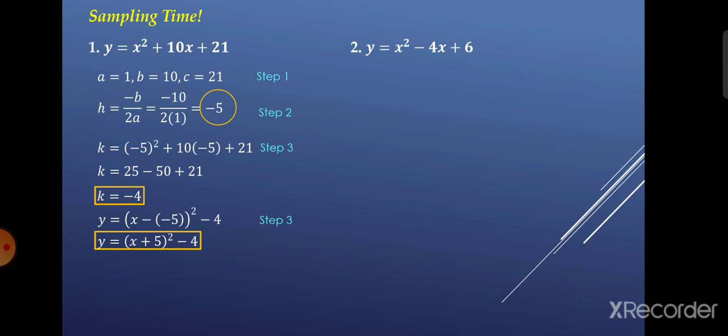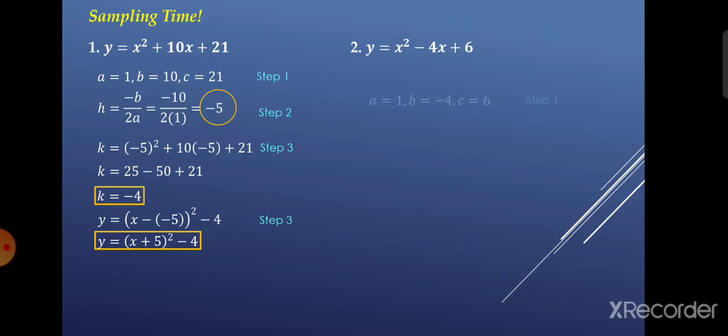Kay double negative man siya, mahitabo siya nga plus na siya. Negative of negative 5, basta na ay negative sign gawas sa parentheses, that would mean positive. So y is equal to the square of x plus 5 minus 4.